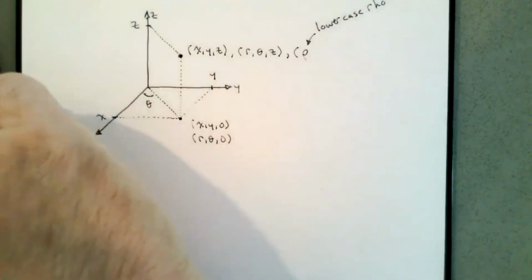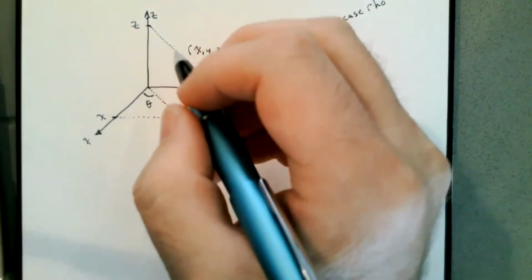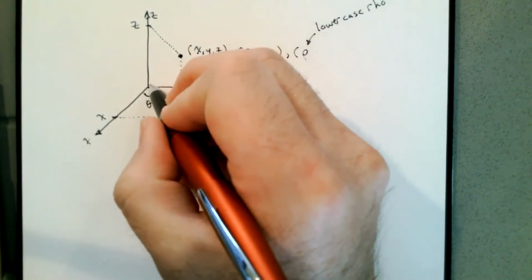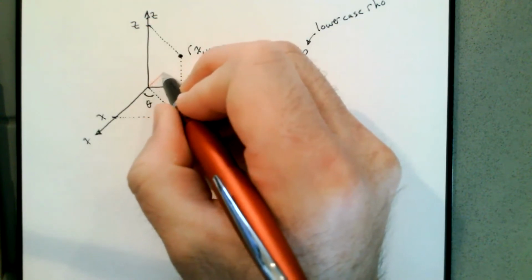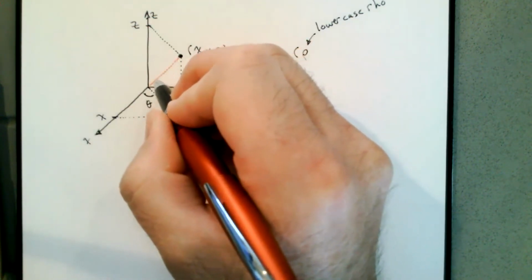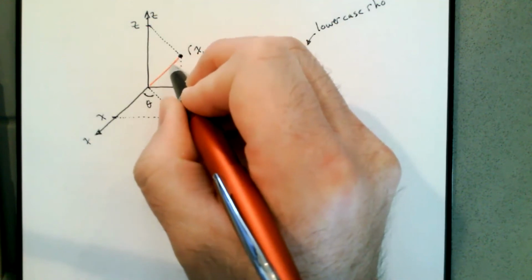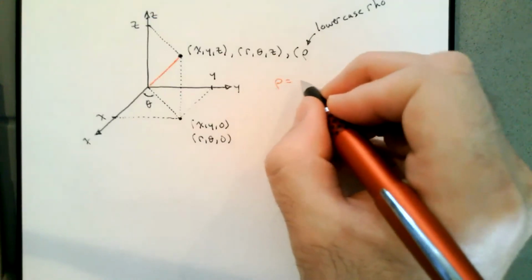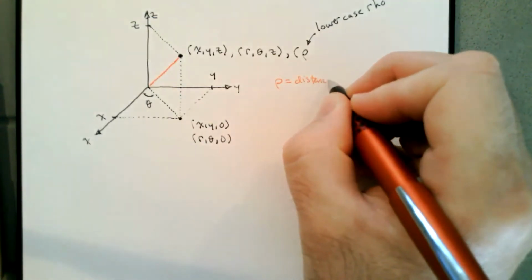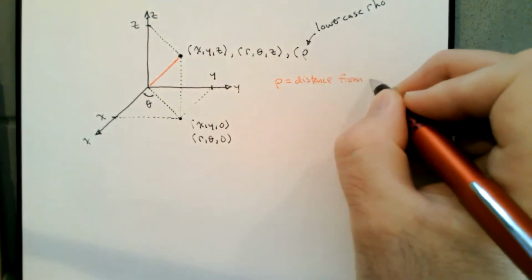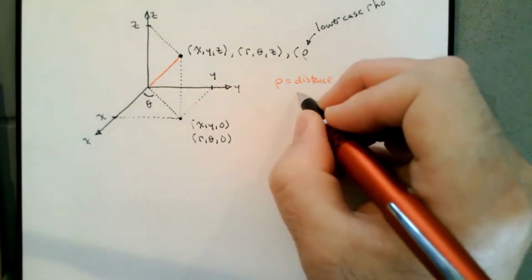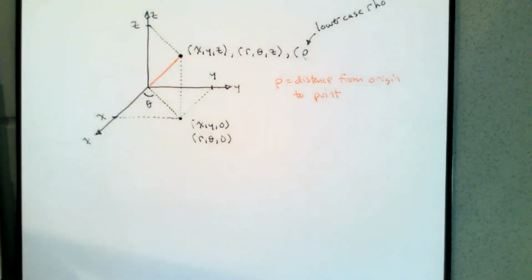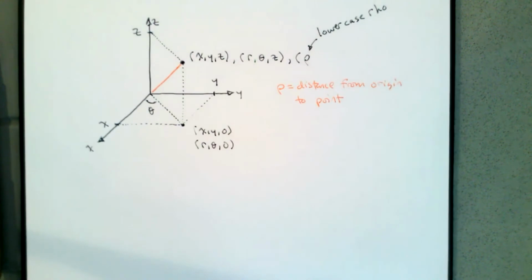So rho is going to be the distance from the origin to the point.